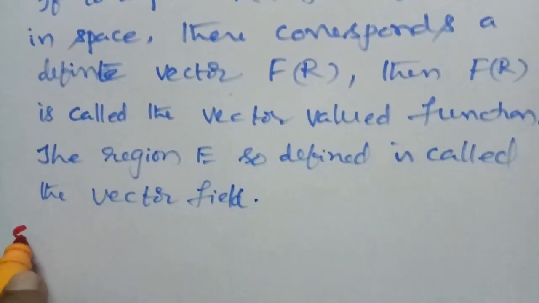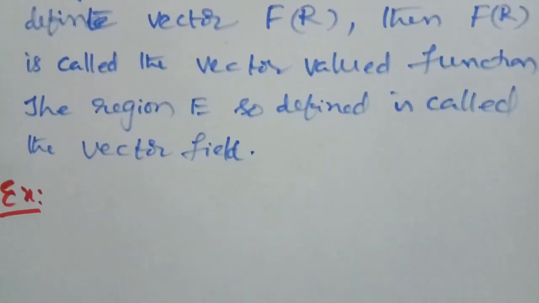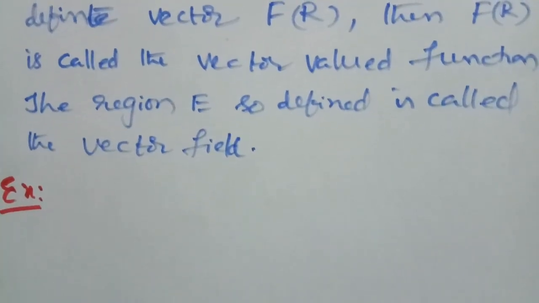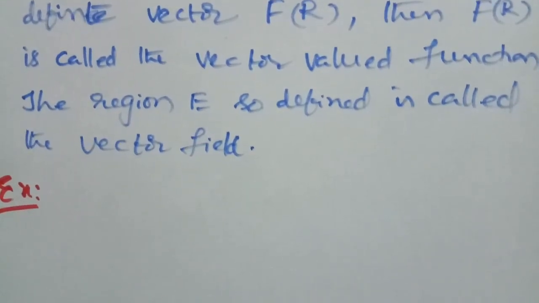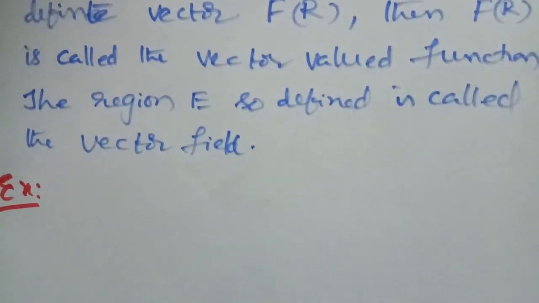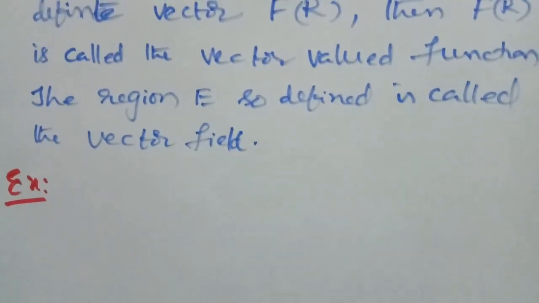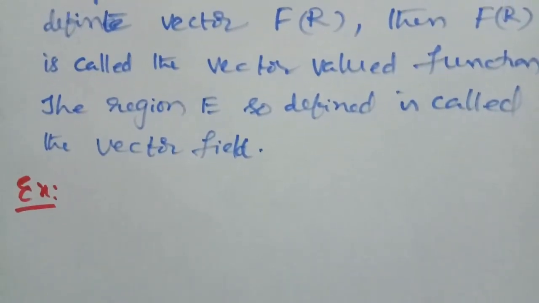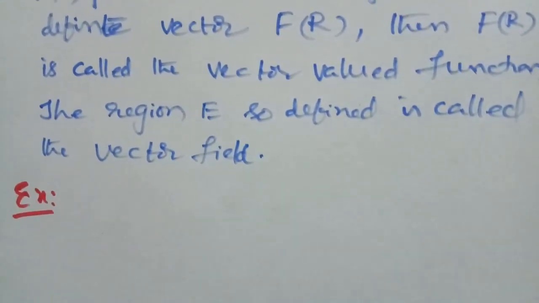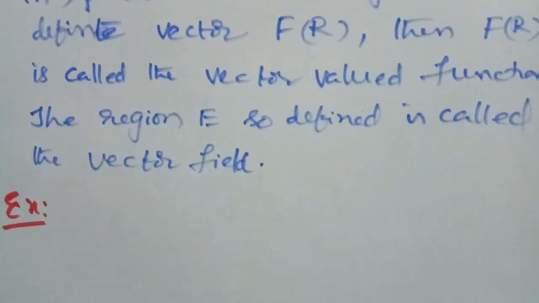So as we know, vector valued function means, a vector is a quantity that has both magnitude and direction. So those type of functions are called vector valued functions. For example, what are the examples of vector valued functions?